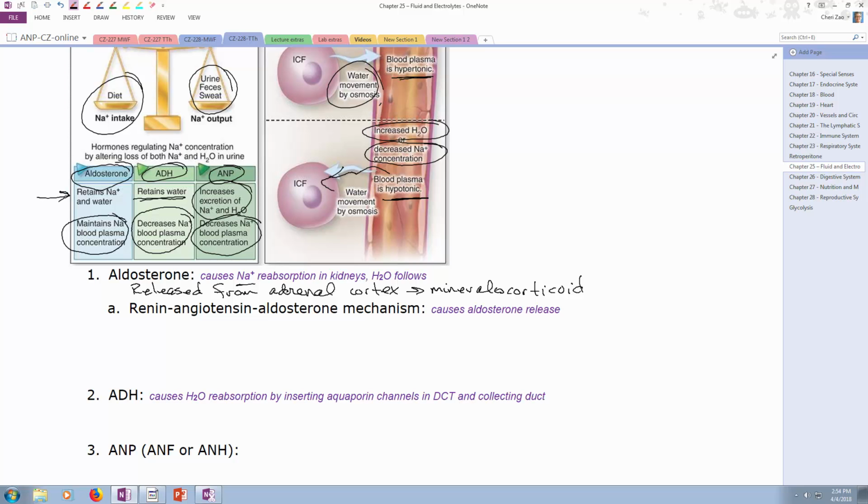There are two main methods for aldosterone release, and the renin-angiotensin-aldosterone mechanism is one of those. The other mechanism for the release of aldosterone is high potassium levels. So high blood potassium levels will stimulate aldosterone release.